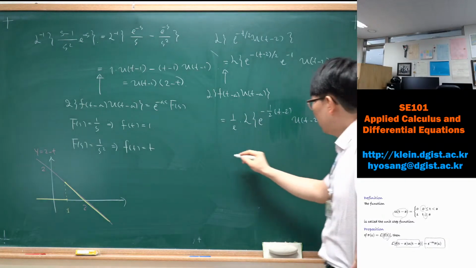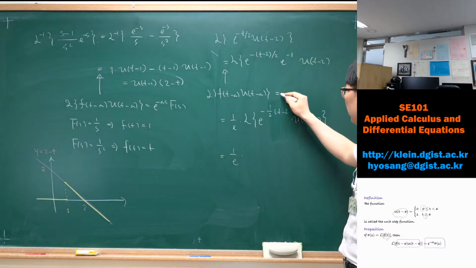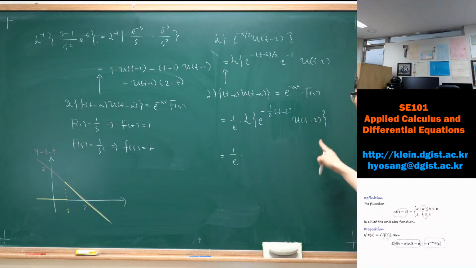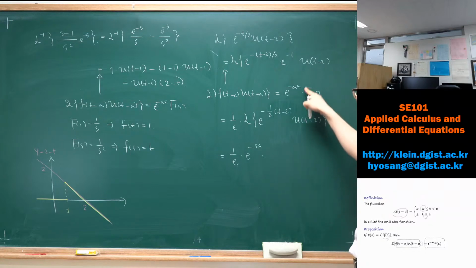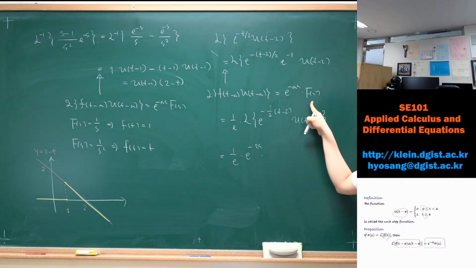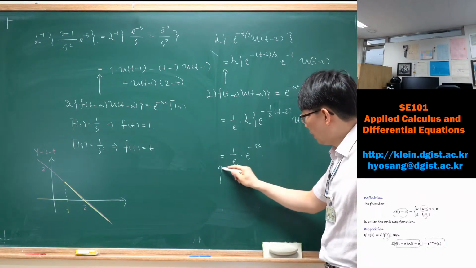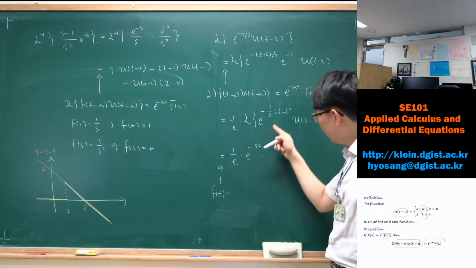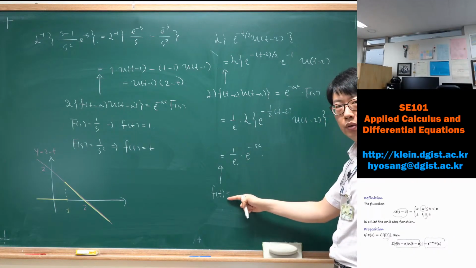Okay, so then we can use the Laplace transform. This equals e to the negative 2s times the Laplace transform of what? This F of s is the Laplace transform of f of t, where this function is a shift of f of t by 2.